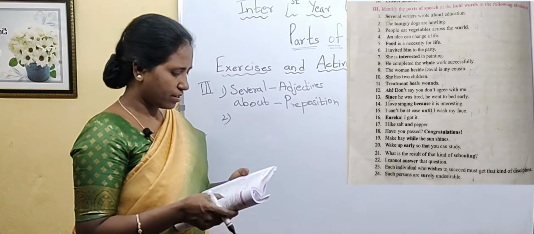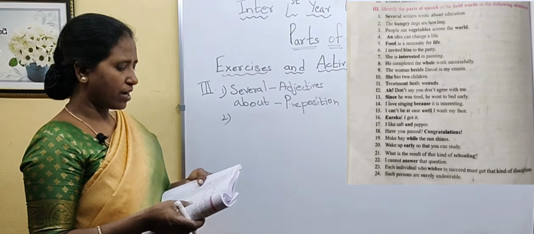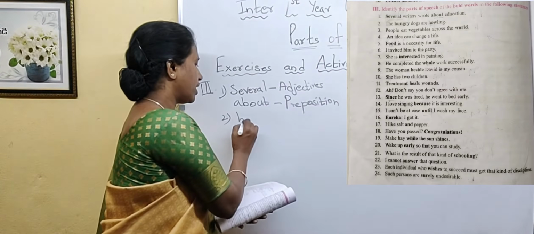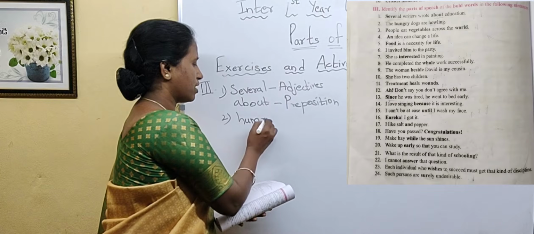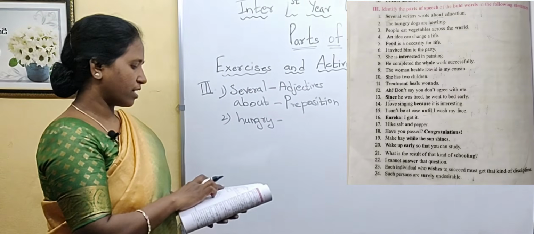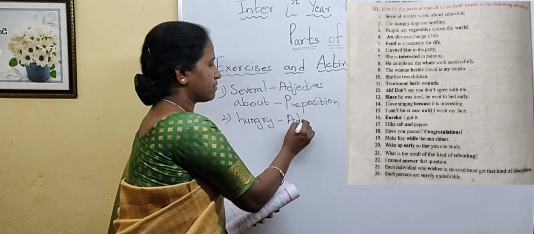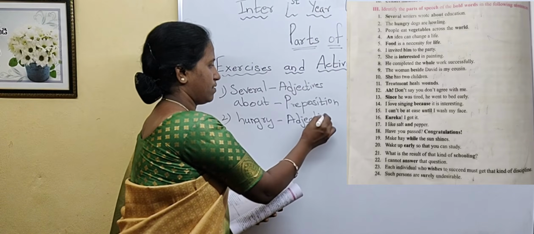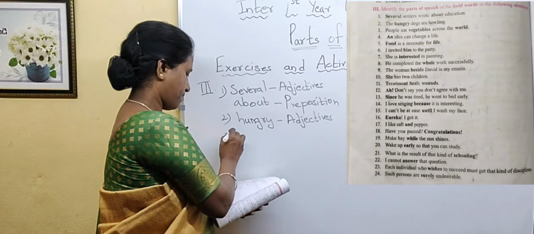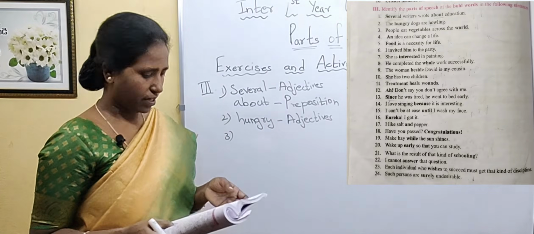On to the second one. The hungry dogs are howling. Here the word hungry is in bold letters. Hungry dogs. Immediately after hungry you have the noun dogs, so it is an adjective. On to the third one.